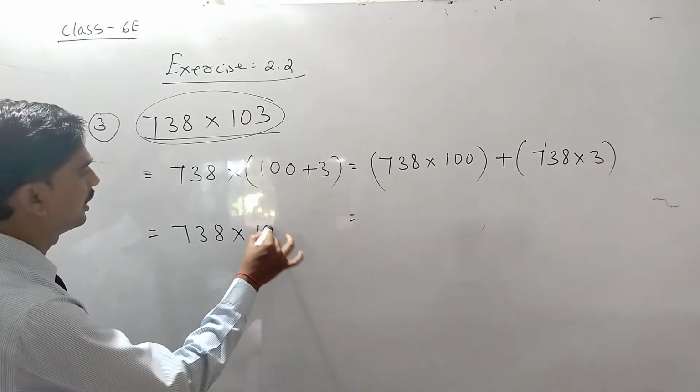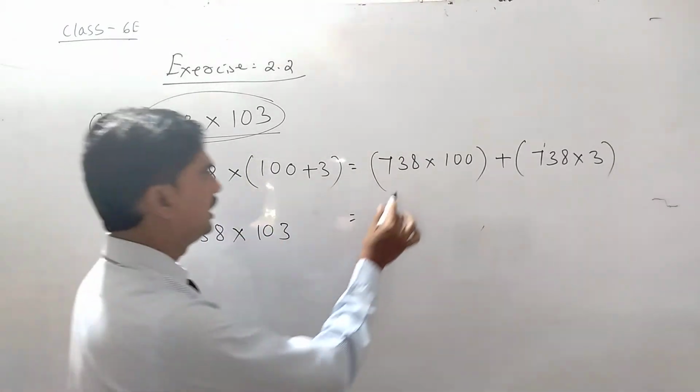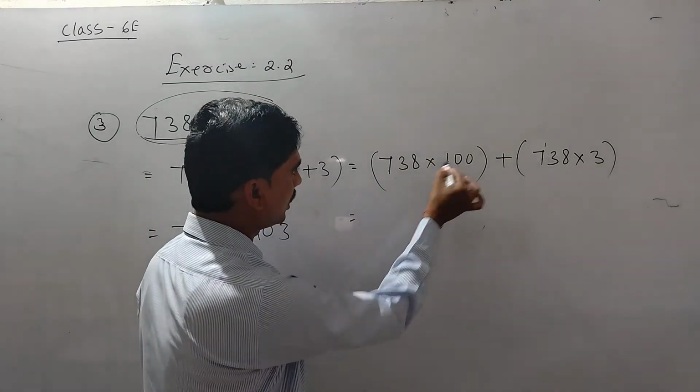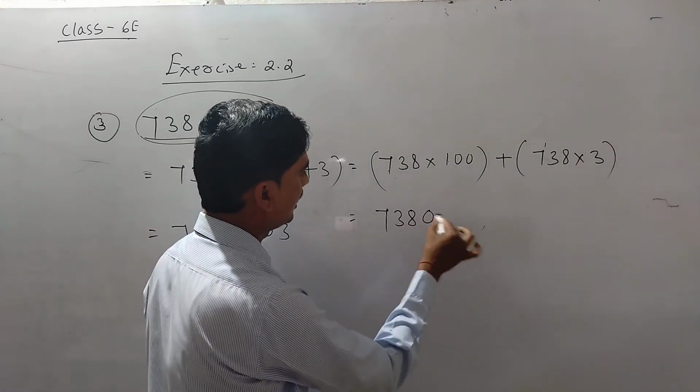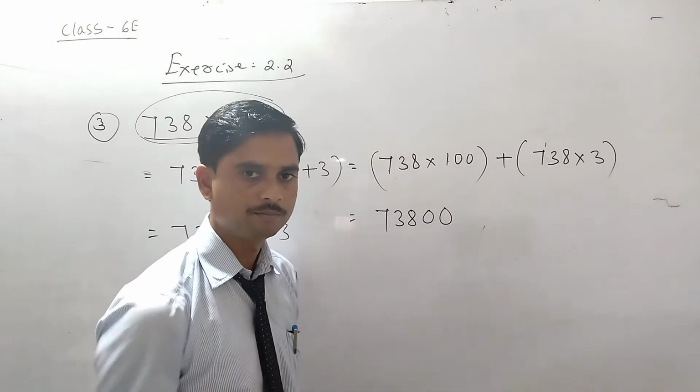738 into 103. Here look, 738 ones are 738 and 2 zeros you should keep directly.